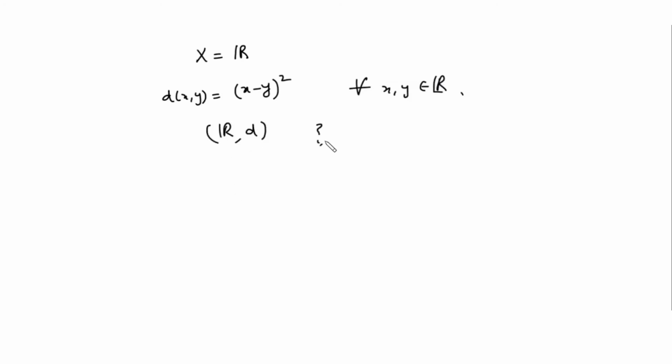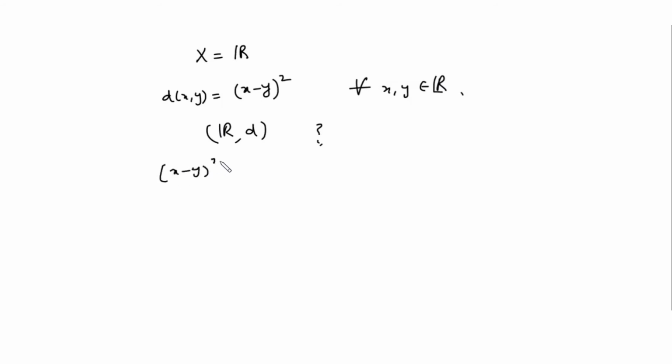You people check whether this is a metric on real numbers or not. Is it a metric space? R together with this D. Does it satisfy all four properties?